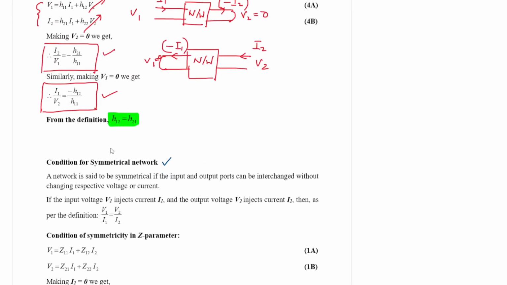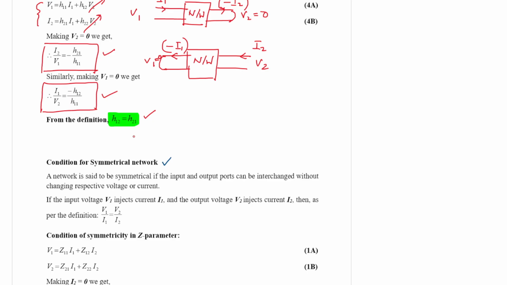And in terms of H parameters, we have derived H12 is equal to H21. So these are the conditions for a network to be a reciprocal one. That means if you are given a network and you solve any one of these four parameter sets and find the respective result, that is, if you find H12 is equal to H21, then you can immediately say that the network is a reciprocal one.